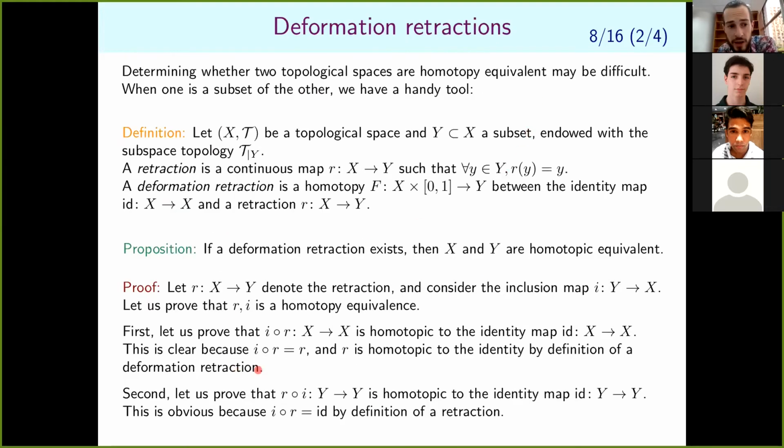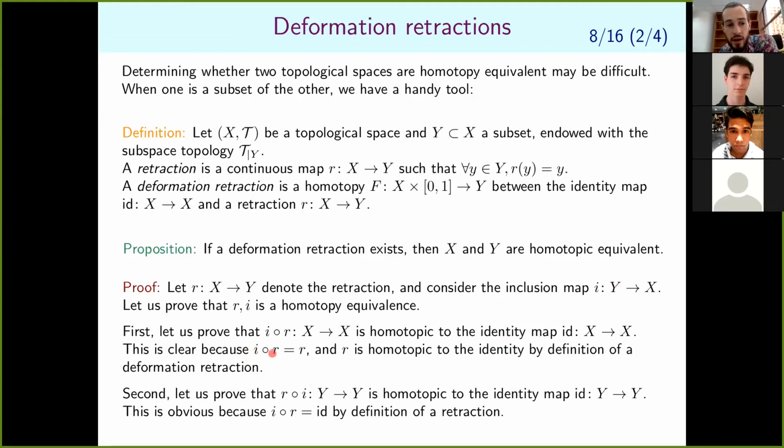The first composition is I R. This is a map from X to X. And actually, I R is equal to R because R has its image in Y and I is the inclusion.